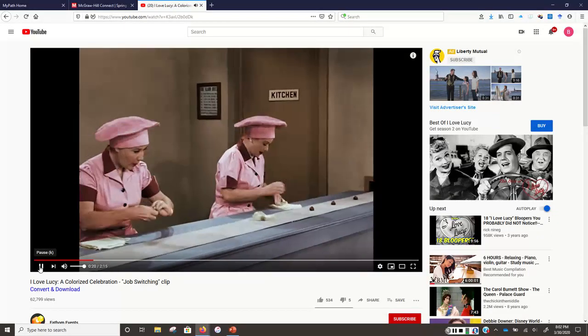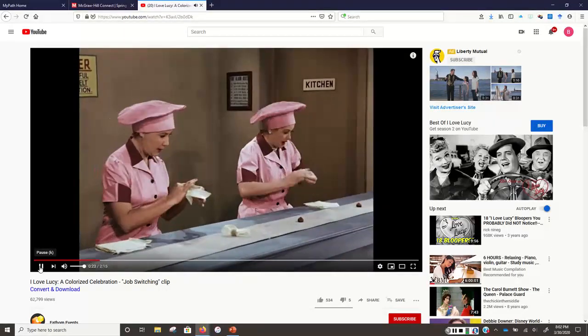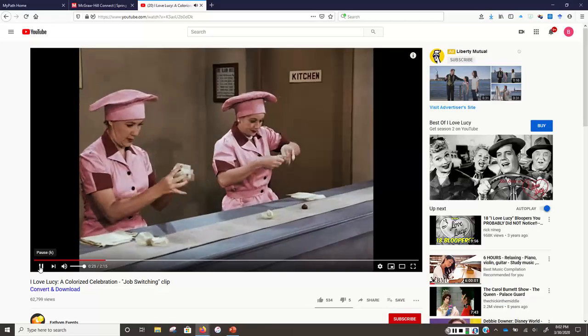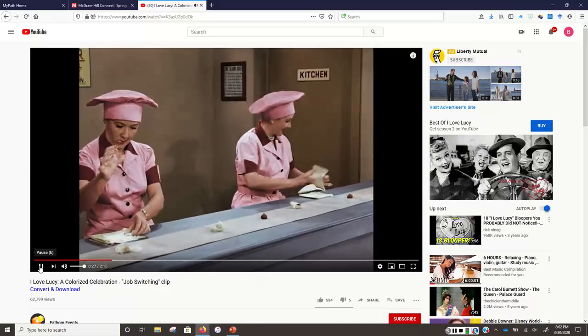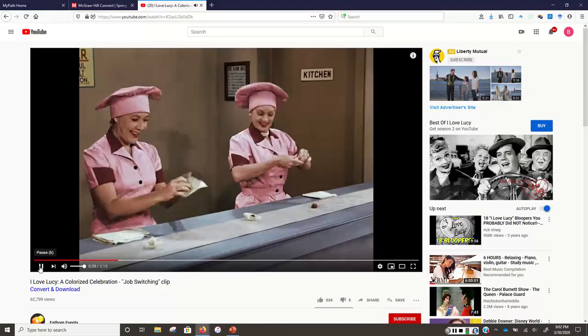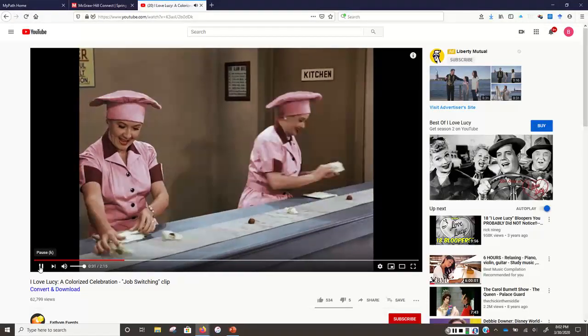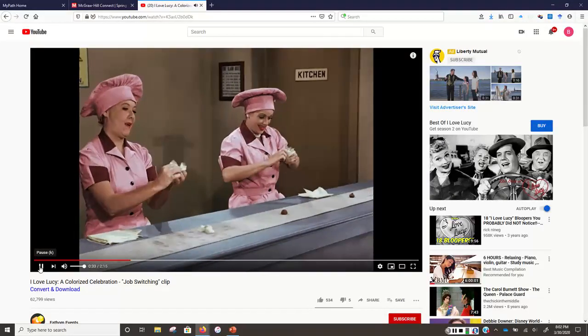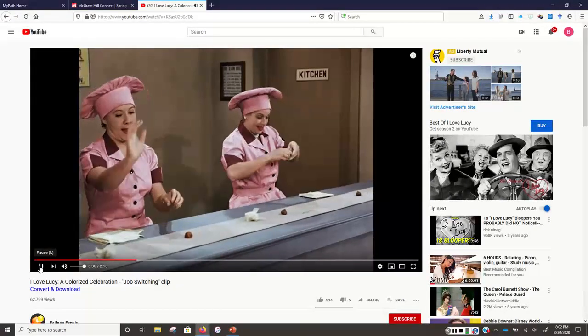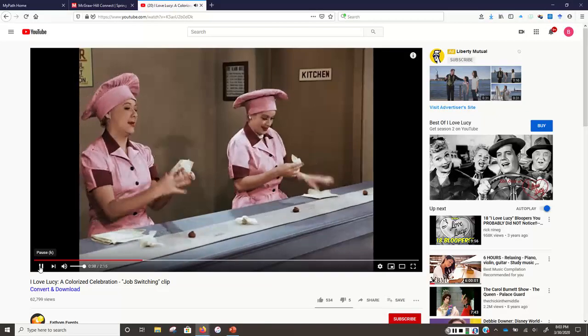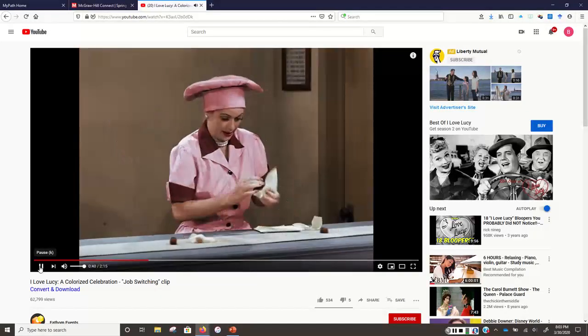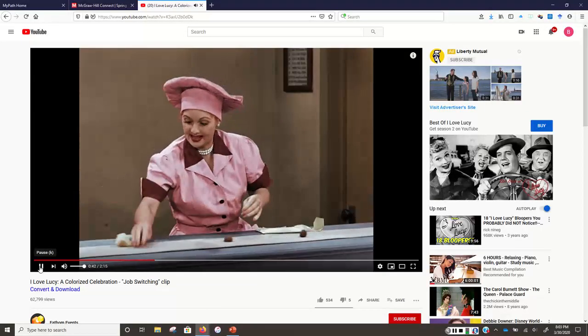Right now, everything's moving fine, so they're keeping up. But now things are going to start to go a little bit faster. But they're still able to keep up. But now things have started to really pick up.